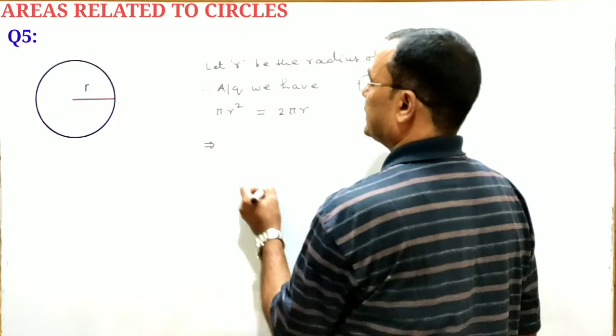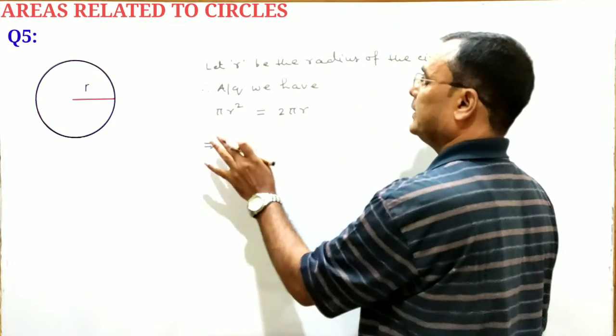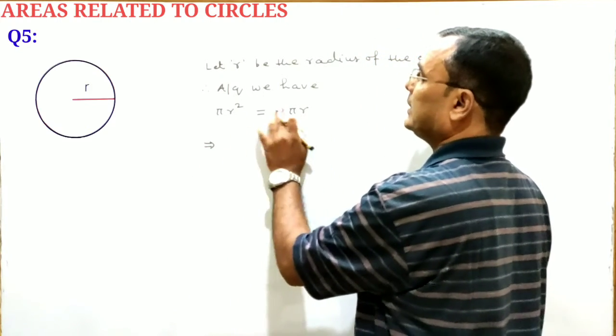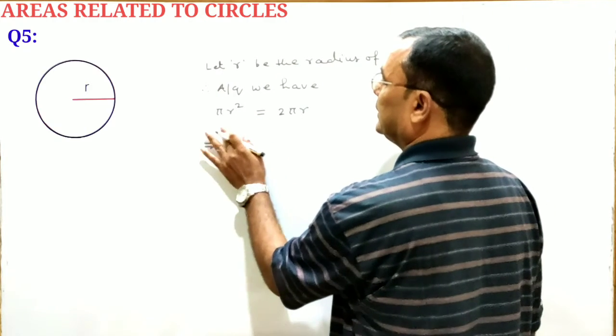From both sides pi cancelled and radius also cancelled.